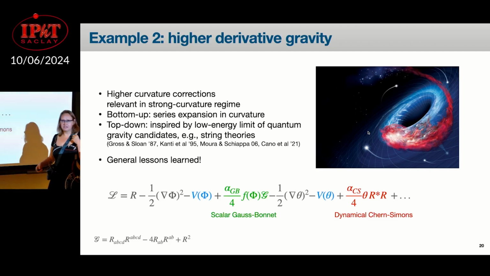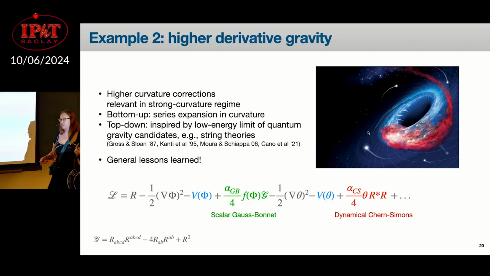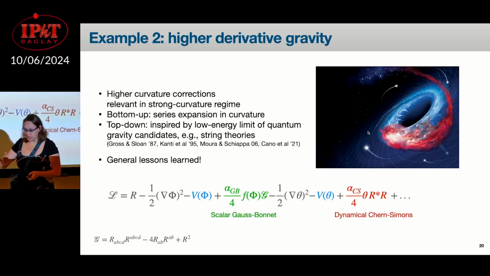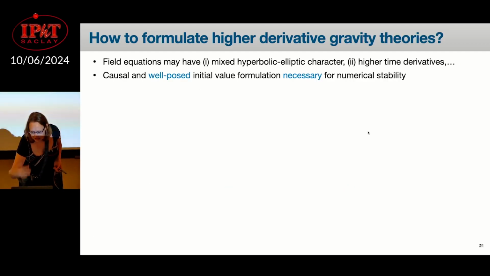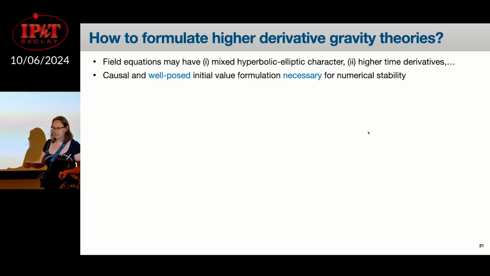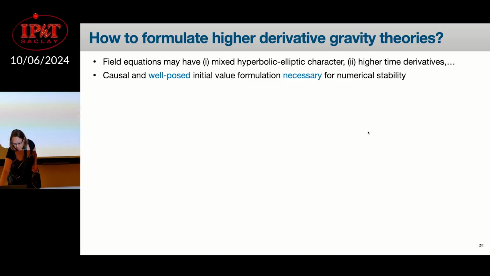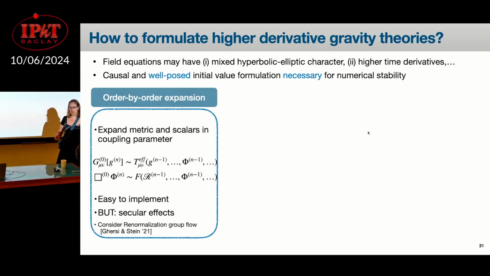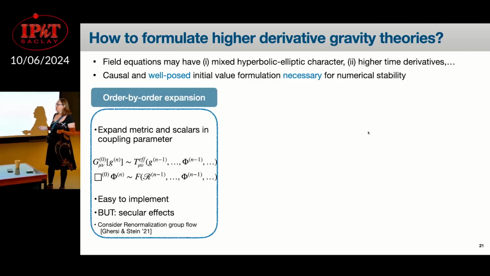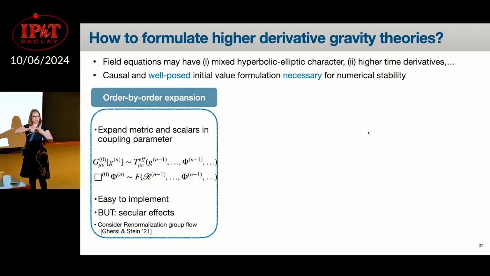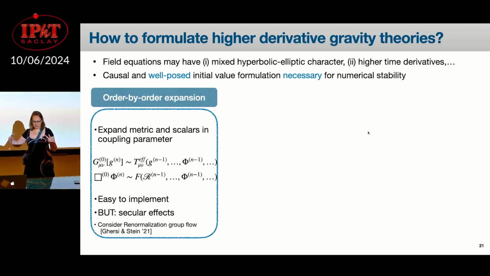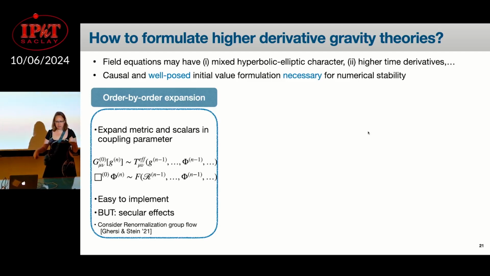So there are overall 3 main approaches of what people are doing to make the equations of motion well posed. As I said, we need that as a necessary condition for numerical stability. The first and maybe simplest approach is an order by order expansion, where you say, let me expand my metric and my extra fields around general relativity, and let me take my coupling parameter as my expansion parameter.